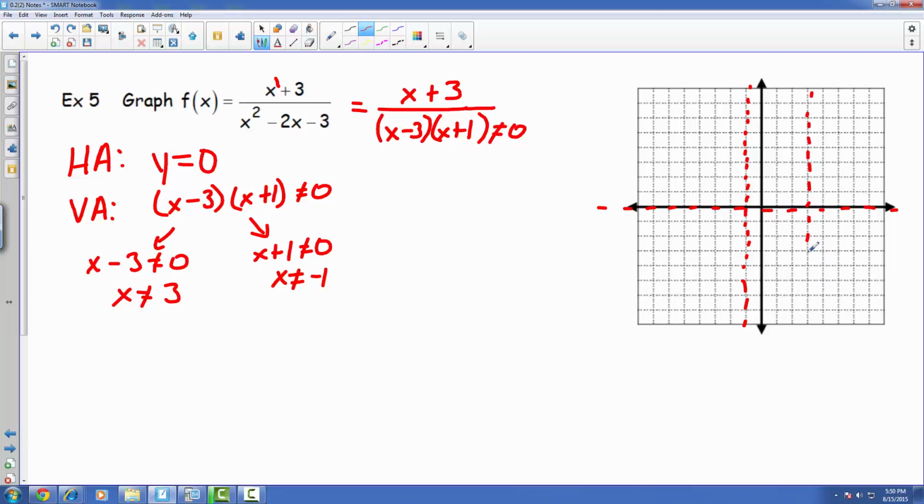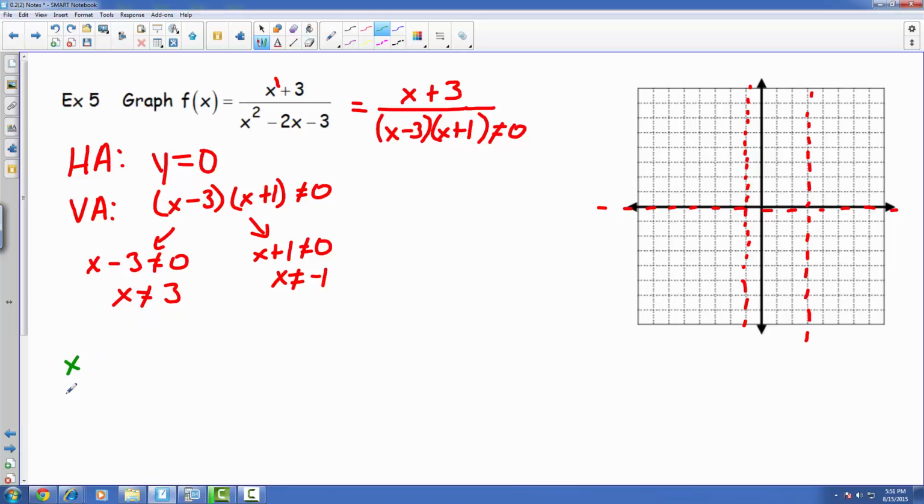At this point, all you would do is plug in some values to see what is the general shape of this. We'll go ahead and do that for now.